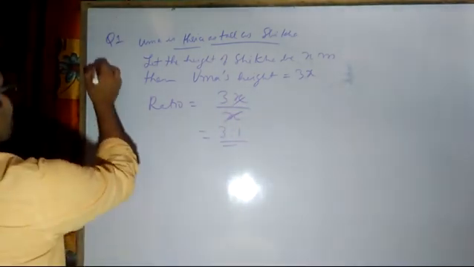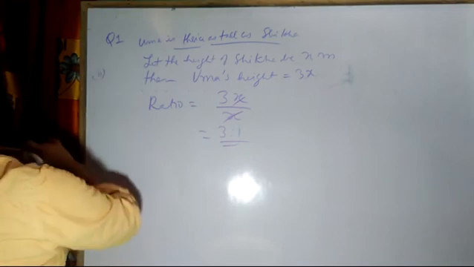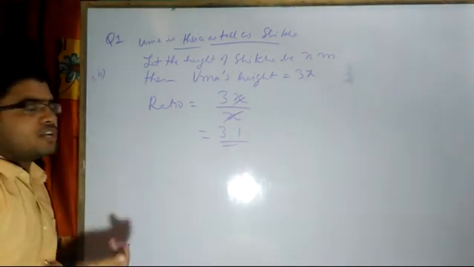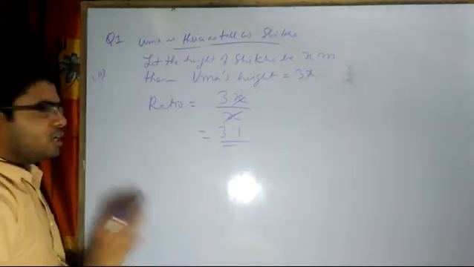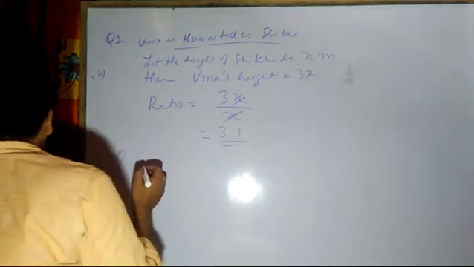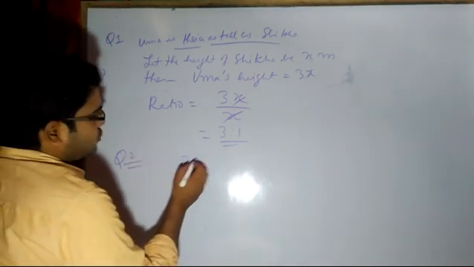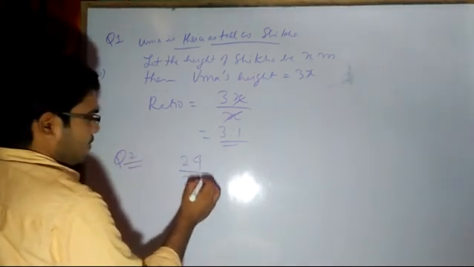In the same way, you will have other questions, like write the ratios in the simplest form. And what do you understand by simplest form? I will try to make you understand by writing question number 2. We have the ratio 24 upon 27.